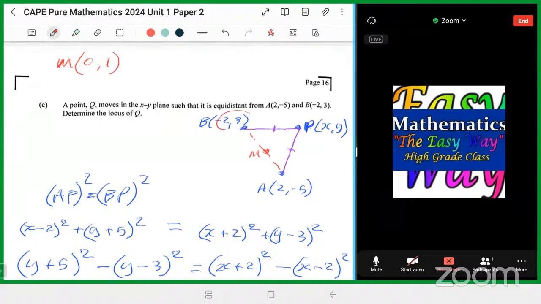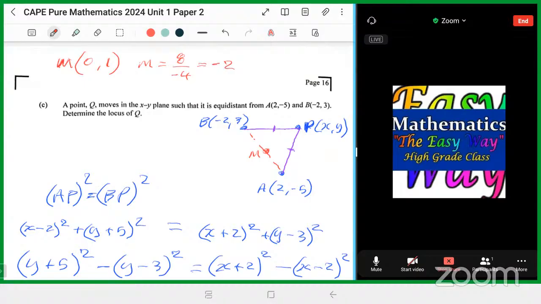Then the gradient between these 2 points. The gradient equals the difference in y over the difference in x. So it's 3 minus a negative 5, 3 plus 5 is 8, divided by negative 2, which is negative 4. The gradient becomes negative 2.